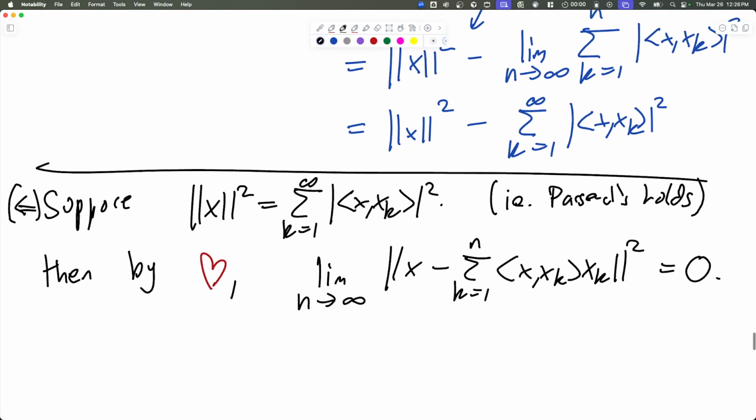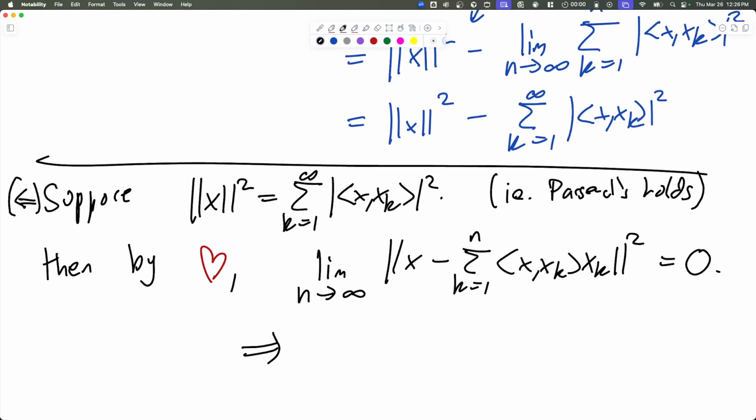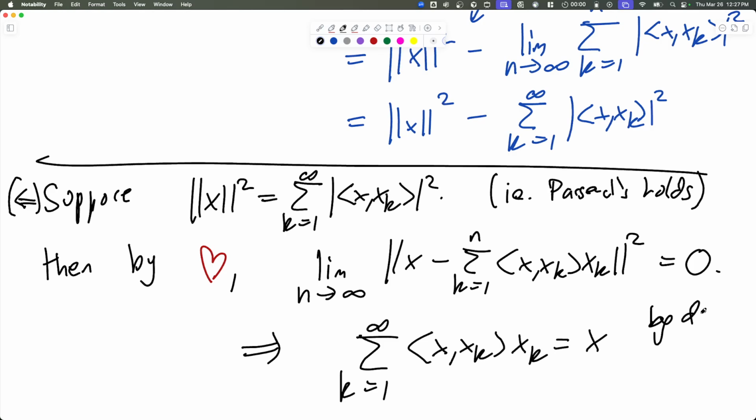And what does it mean when this thing's 0? That is exactly the definition of convergence. The partial sums are converging to x because their norms are getting closer to 0. And when the partial sums get closer to something, that's what we say is the infinite sum. Therefore, the sum k equals 1 to infinity of xk equals x by definition of convergence.